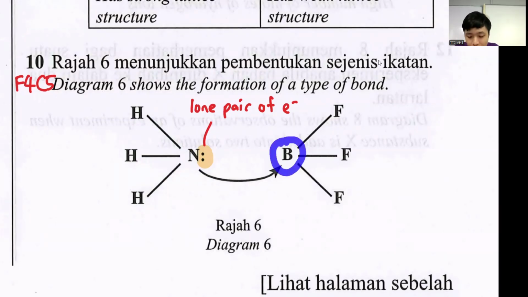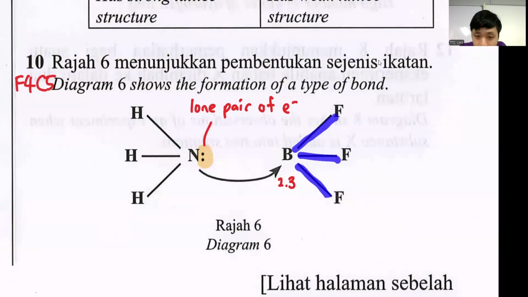But the boron is poor, right? Boron has 3 valence electrons. In this case, boron is a semi-metal, not a metal, so boron normally forms covalent bonds. With these 3 fluorine, after sharing, no more extra outside.